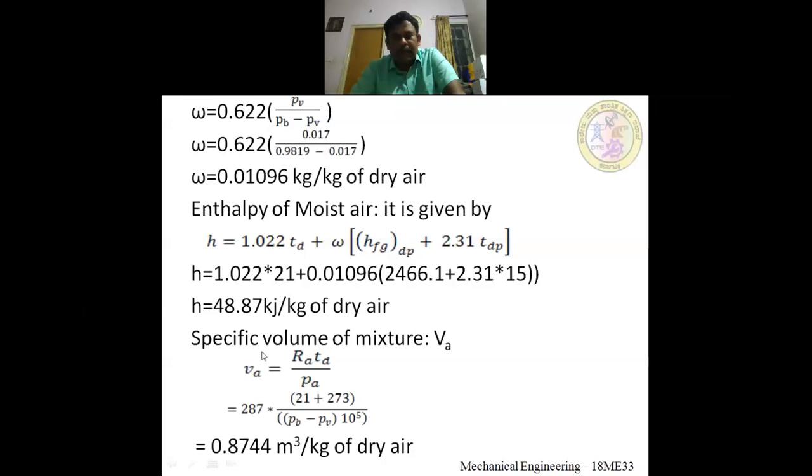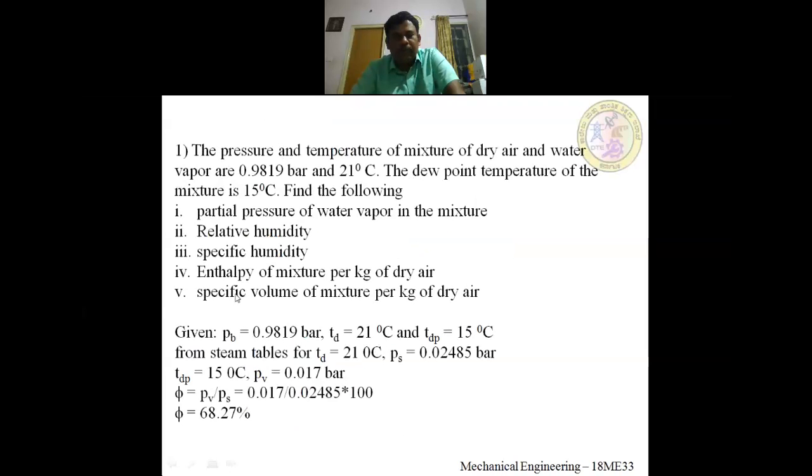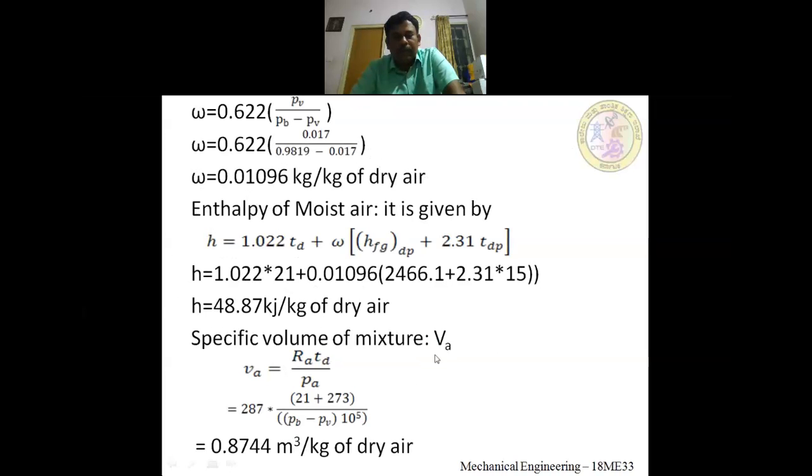And next, the last one, the specific volume of the mixture. VA is nothing but RA TD by PA, since PV equals RT. RA is nothing but 287 joules per kg Kelvin.